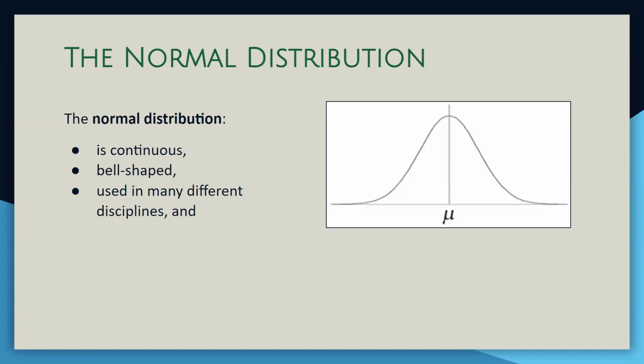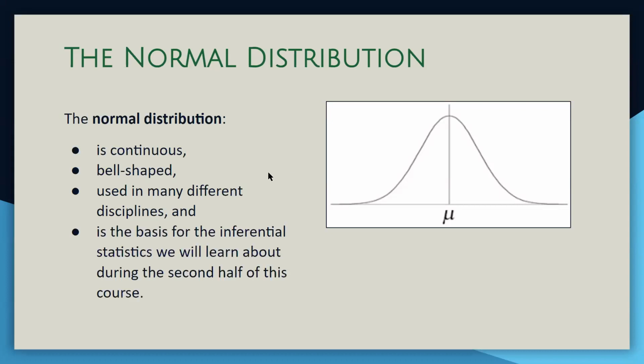You see it in medicine, in health, in business, in economics, in social policy, and psychology. And it's the basis for the inferential statistics that we will learn about during the second half of this course. So everything after week 3 depends on the normal distribution. So super important.